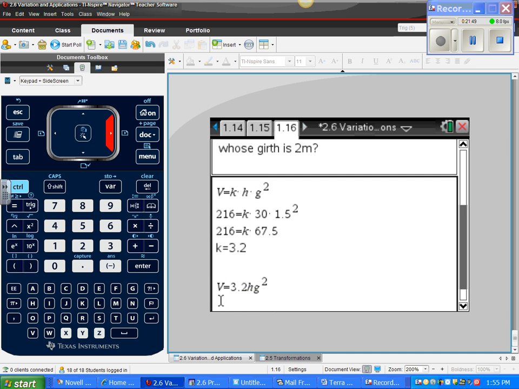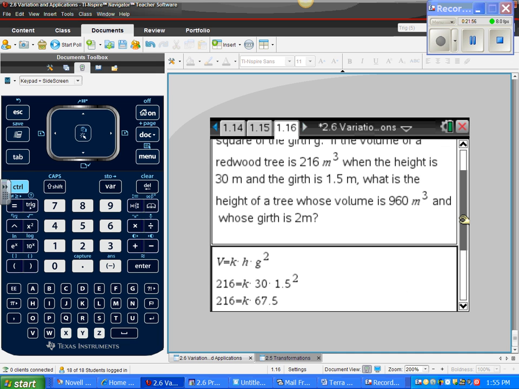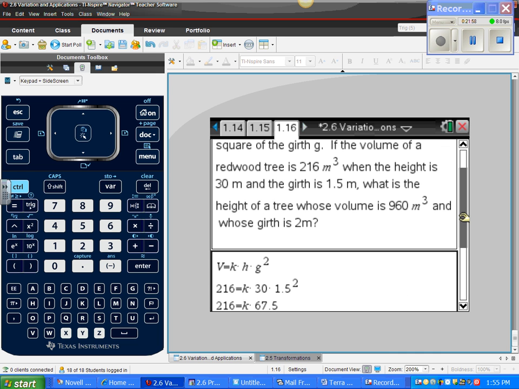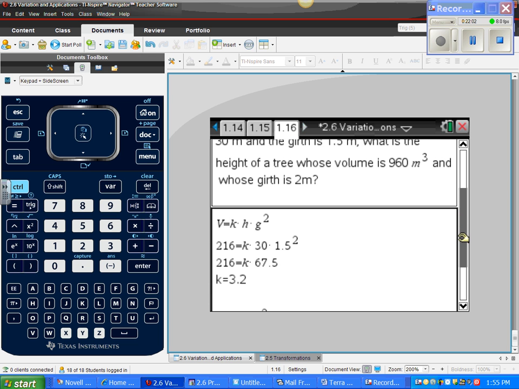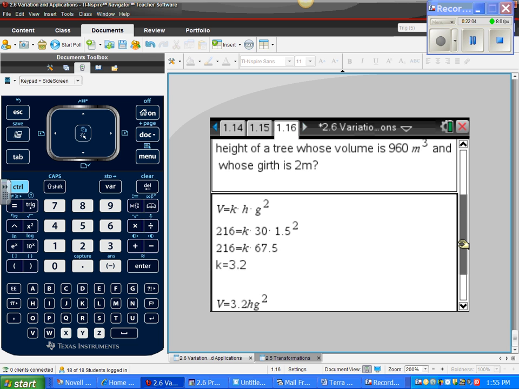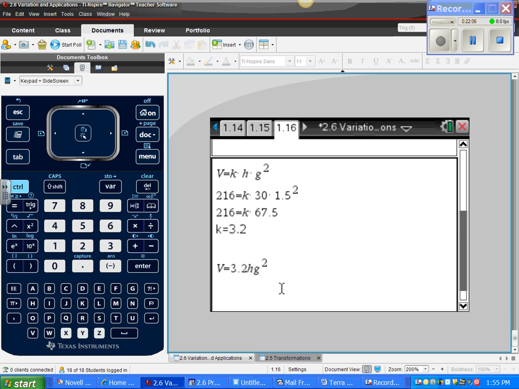Okay, so there's my new equation. We're going to use that to answer the question. It's asking, what is the height of a tree whose volume is 960 and whose girth is 2? Okay, volume is 960.